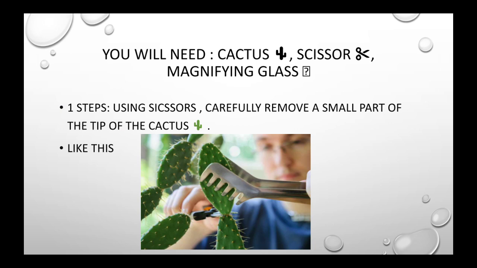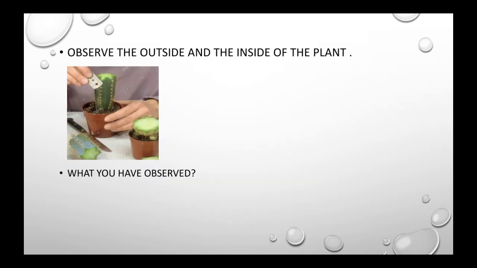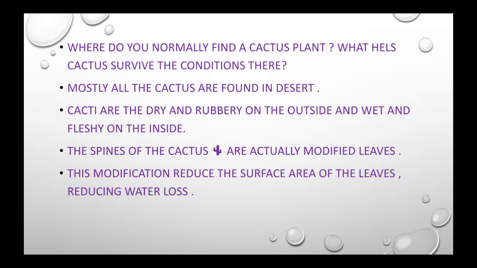The first step is, using scissors, carefully remove a small part of the tip of the cactus. The second step is to observe the outside and inside of the plant. What have you observed? Where do you normally find a cactus plant?